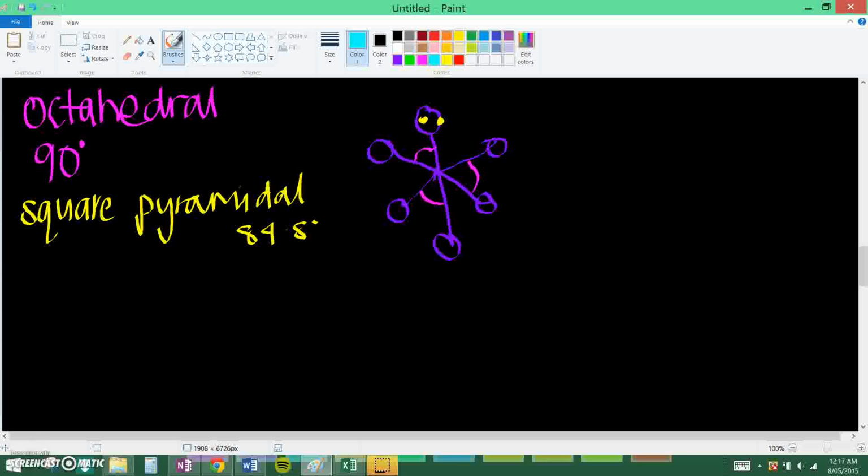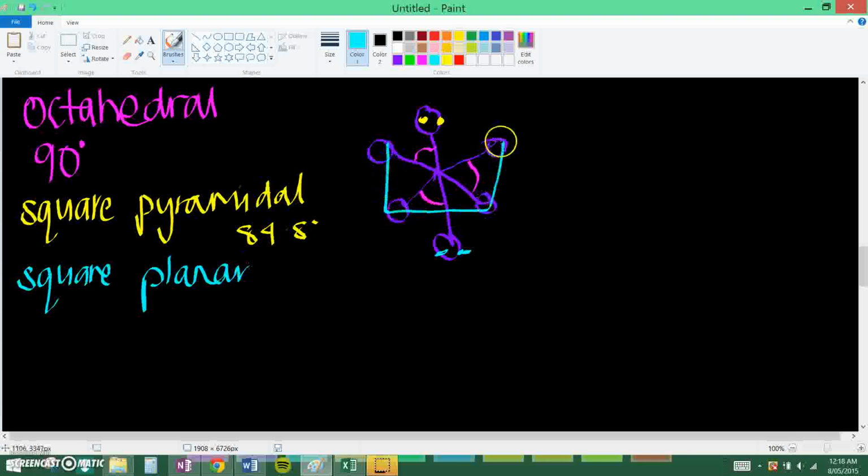And if I have the last lone pair, that would make it square planar, just like trigonal planar, because they're all in the same plane. Wait, I'll make that even. This means that they're all just in the same plane.